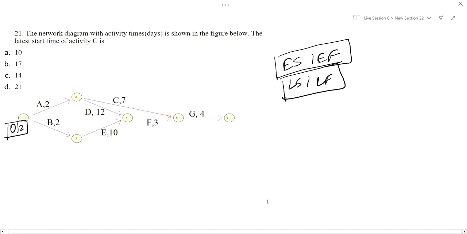Now for activity 2, early start is 2. When we take the early start, we need to find out the starting initial origin points, which is the least.